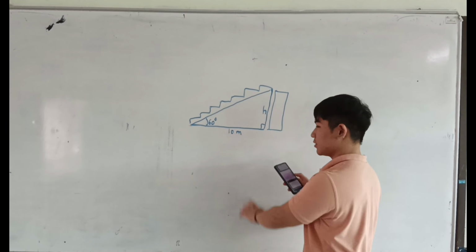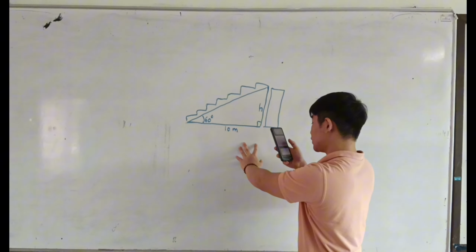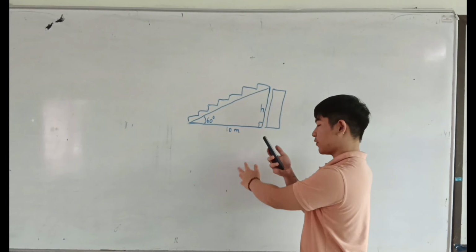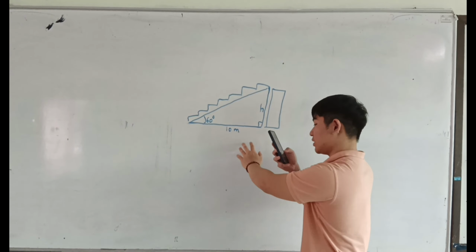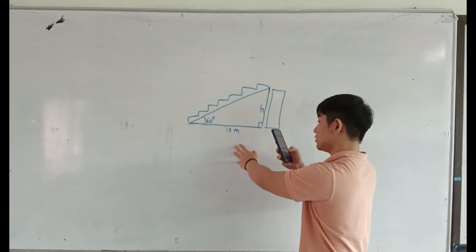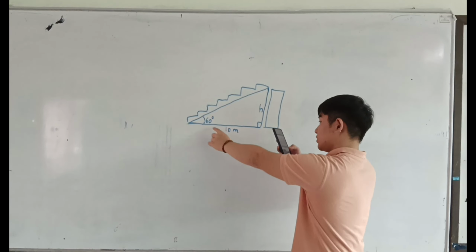So example 2. The diagram shows a stair placed 10 meters away from the base of the building, making an angle of 60 degrees with the ground. So how to calculate this?